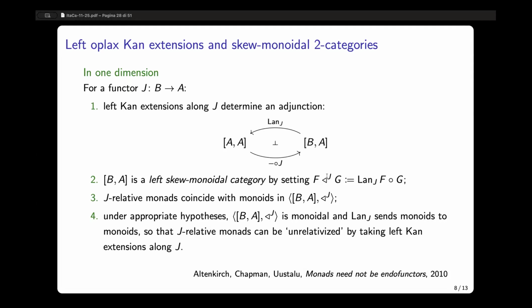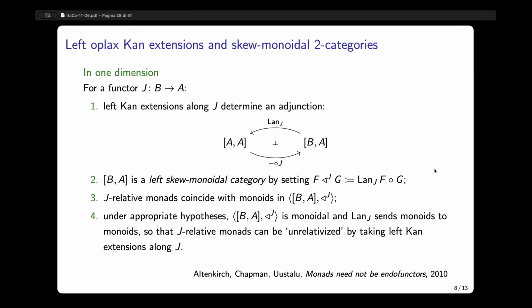And the product, the tensor product if you want, is given by taking the Kan extension of the left one and composing with the right one, or precomposing if you want. And then what they do in the paper is show how J-relative monads coincide with monoids in this skew-monoidal structure. Under some appropriate hypotheses, this category is an actual monoidal category.